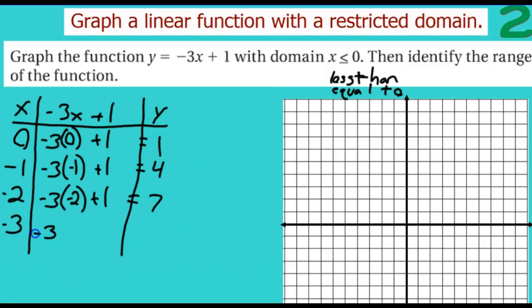And finally, -3 times -3 plus 1. -3 times -3 is 9, plus 1 is 10.